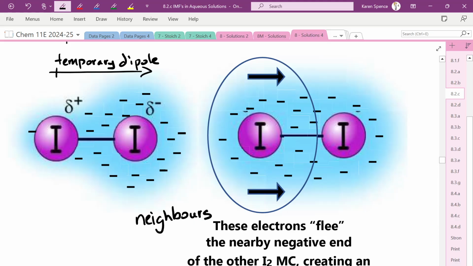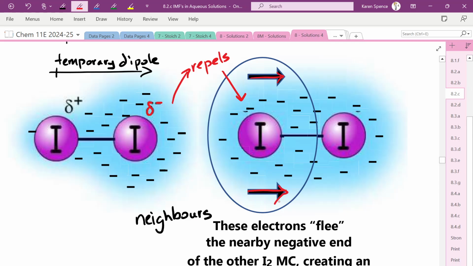Now its neighbor, it's got its own set of electrons, which are in motion, and they see this slightly negative end. And what do the electrons in the second iodine molecule do? They get repelled, okay? And they flee.